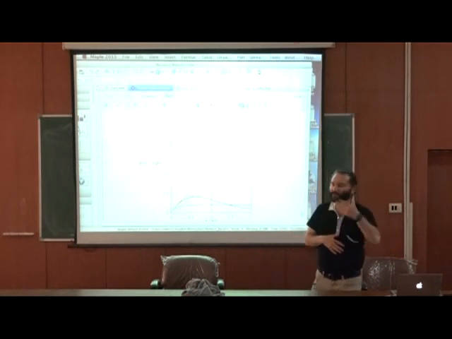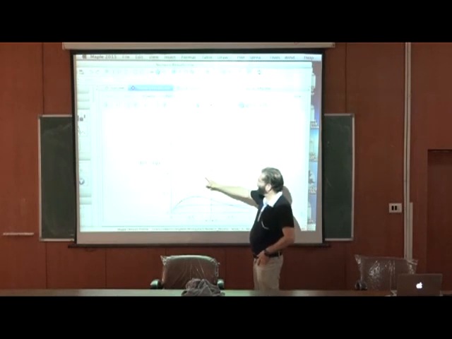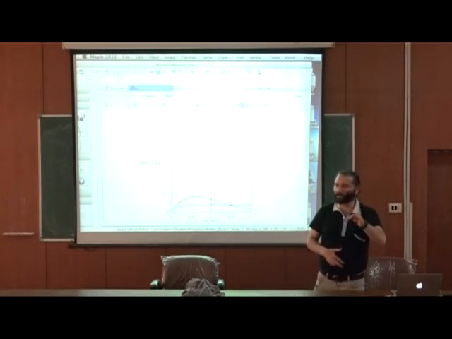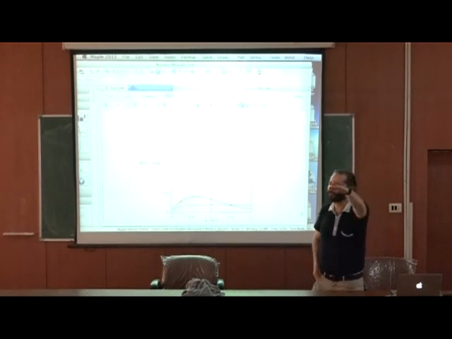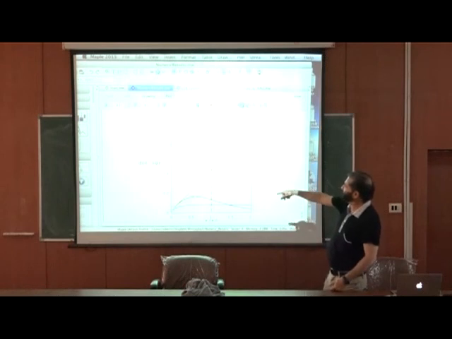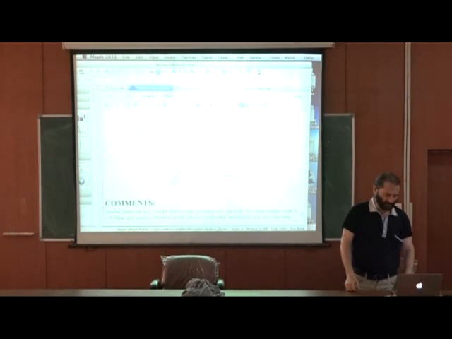If you integrate these curves, what you can see is that this one tends to infinity logarithmically, this one tends to infinity exponentially, and this one tends to a finite value. And so only if you put in a cosmological constant will this gravitational entropy tend to a saturation value. And these plots were put in that paper on gravitational entropy.